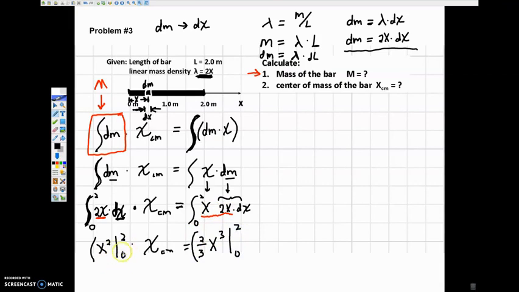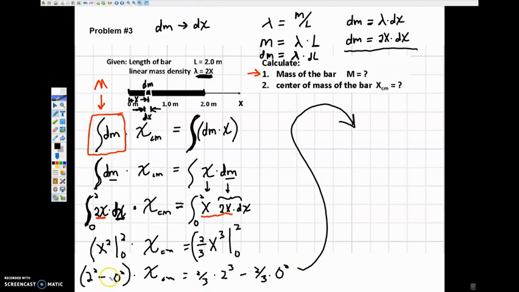Now, if I substitute in the 0 and the 2, I end up getting 2 squared minus 0 squared times x center of mass equals 2/3 times 2 cubed minus 2/3 times 0 cubed.